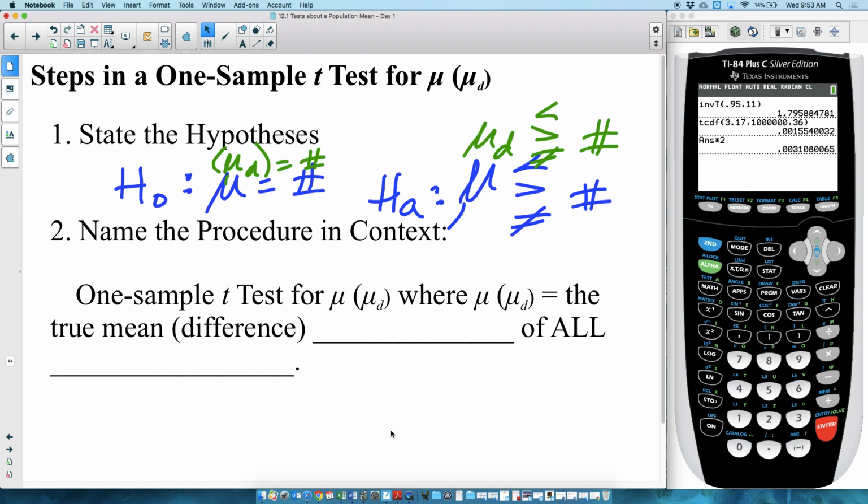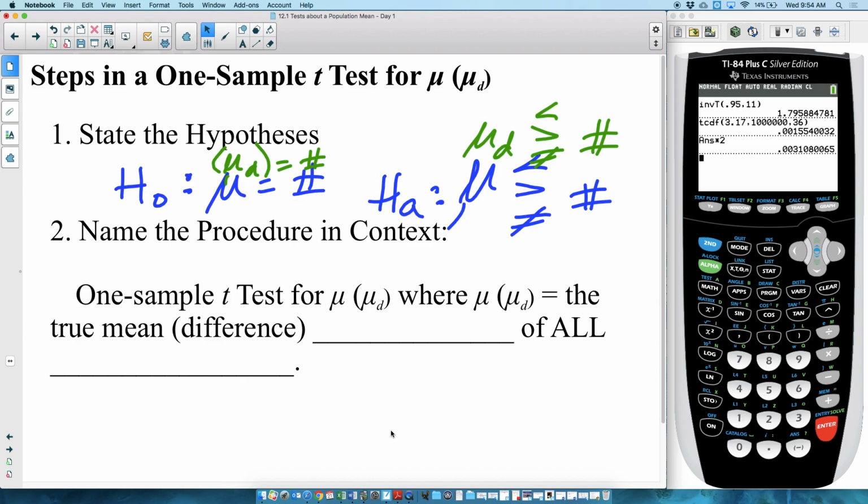Do you see for the mu sub d I put things in parentheses? The true mean height, the true mean difference in height, whatever it is, of all. I capitalized it. Maybe it will stand out more. So the true mean height of all AP Stat students.